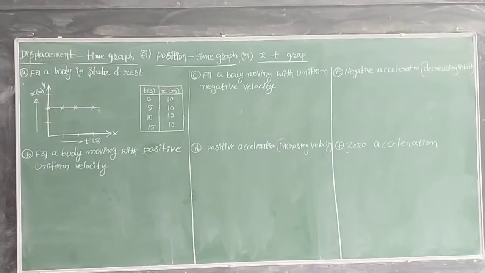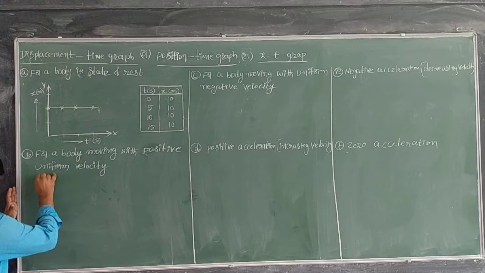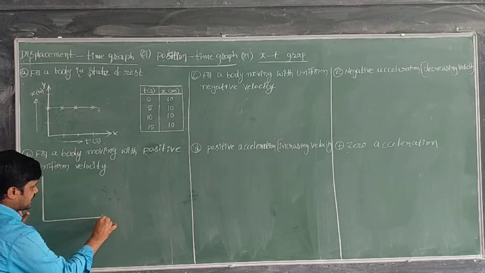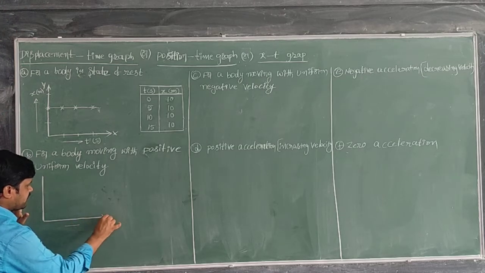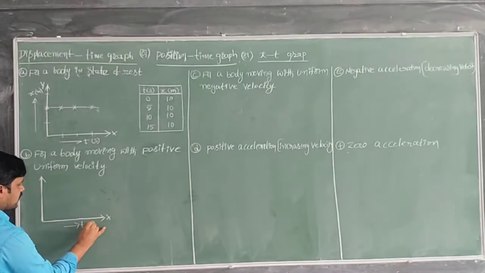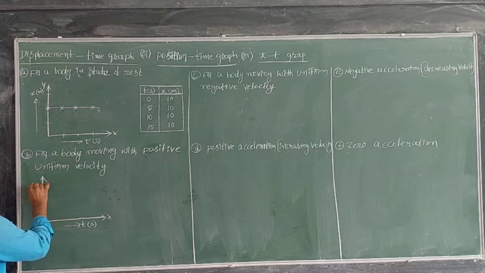Second graph. In the second graph also, this is the Y axis, and this one is the X axis. On the X axis we take time in seconds, and on the Y axis we take displacement in meters, like this.